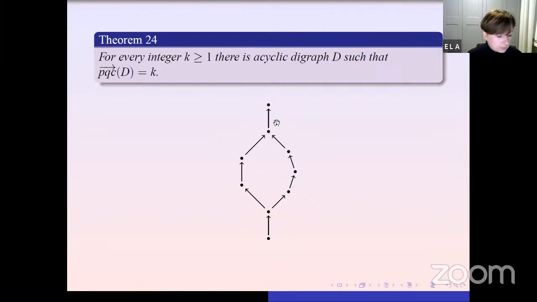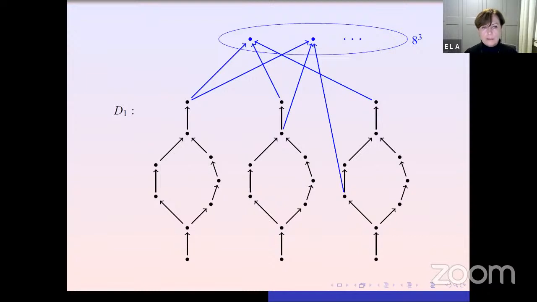And then we will construct in some steps the digraph with the proper quasi-connection number equal to 4. So first we construct the digraph D1 in such a way that we take 3 copies of this previous graph, and next we add new vertices.